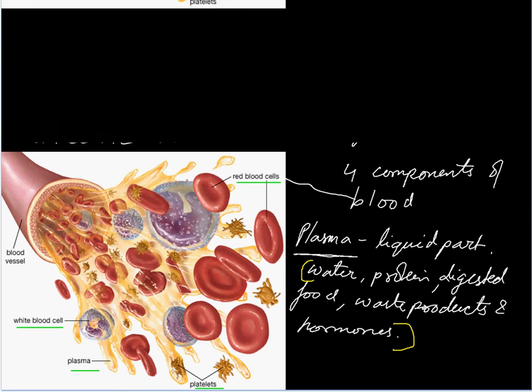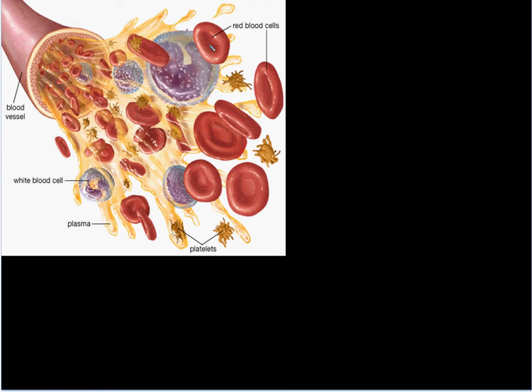Now, the second component of the blood is the red blood cells, or the RBC. The other name for the red blood cells is erythrocytes. You can see that they are red in color.